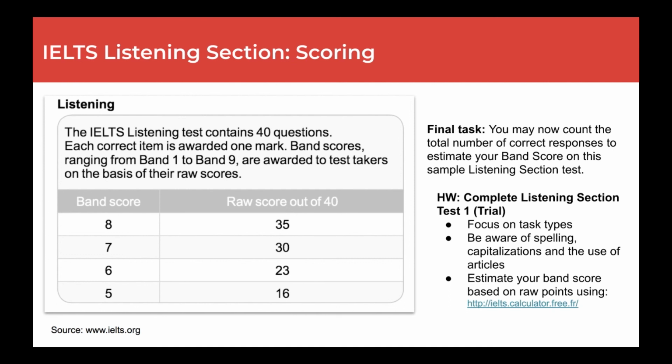It's also attached to the task where you can automatically convert your raw score to the bands. Following videos under the listening section will provide an example of how we could use listening strategies to actually answer the questions offered here.